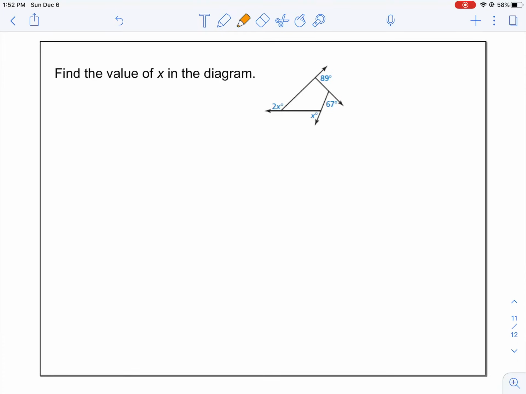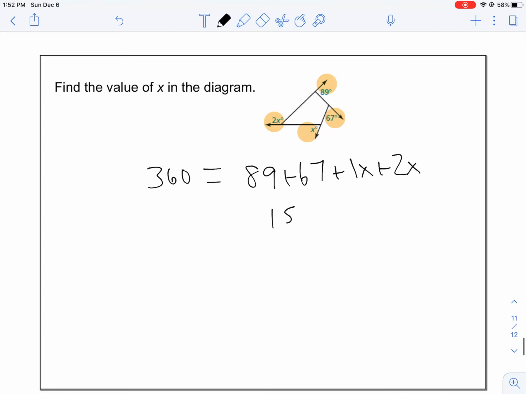So here we go. All of these angles are exterior angles, so I know they're going to add to be 360. So 89 plus 67 plus 1x plus 2x is going to add to be 360. Combine your like terms, you get 89 plus 67, which is 156. 1x plus 2x, 3x.